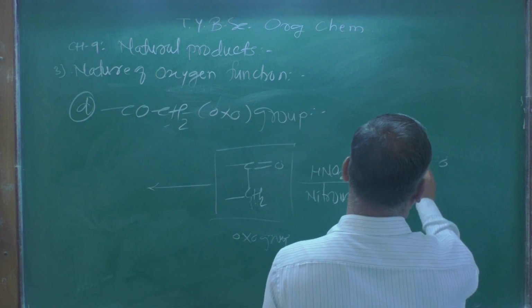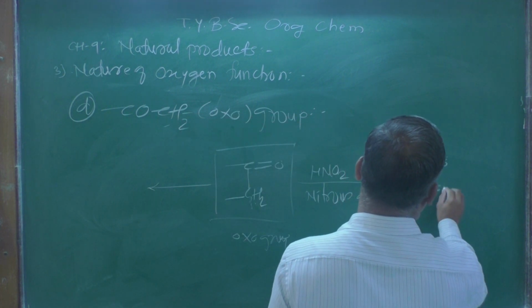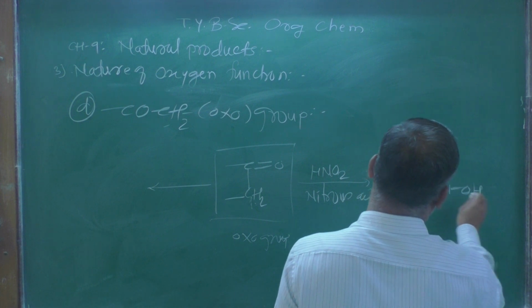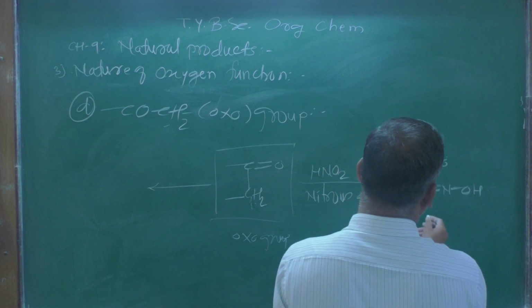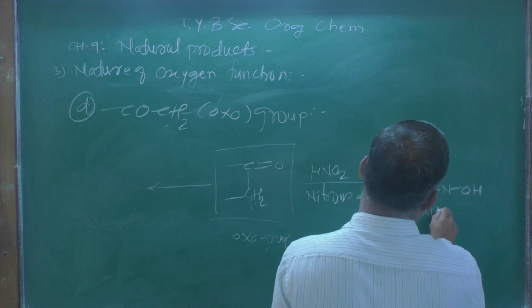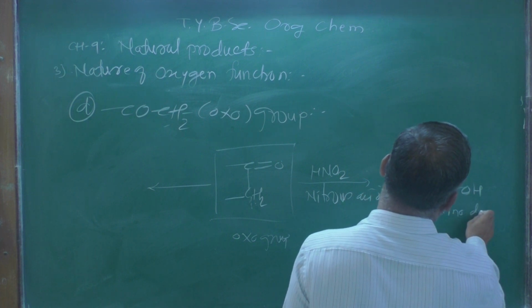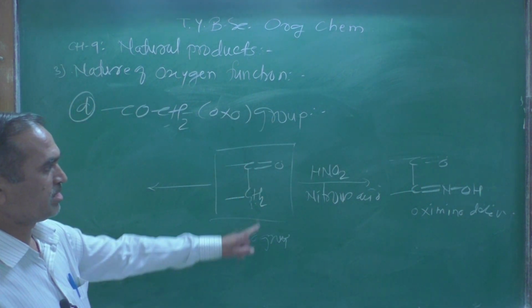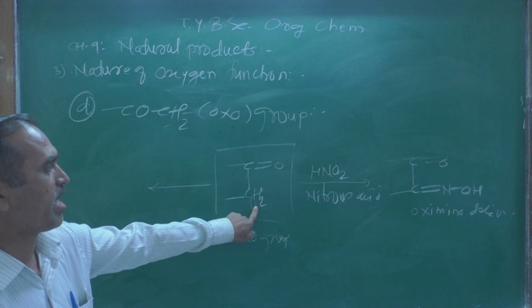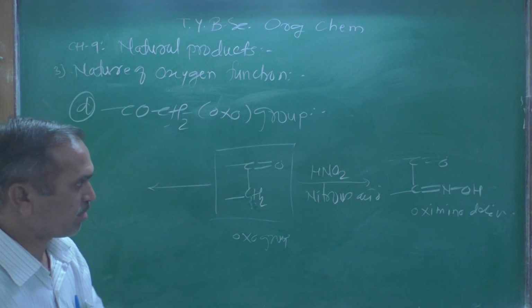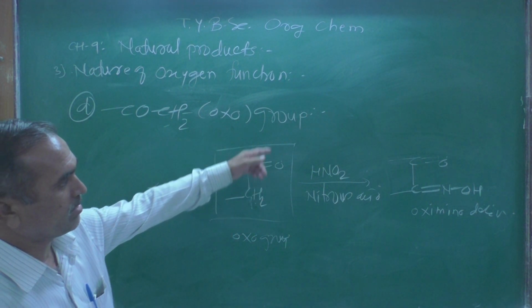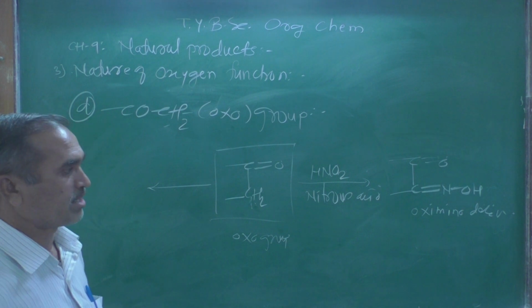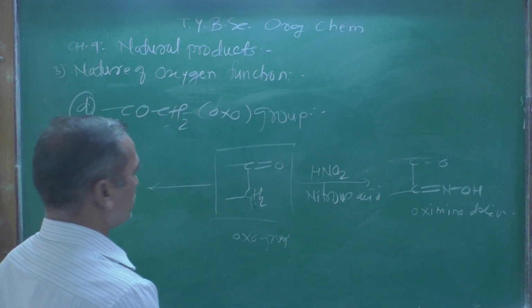C double bond O, then this double bond NOH. This is the oximino derivative, or oxime derivative, formed because this CH2 is a reactive methylene group adjacent to the carbonyl group. It reacts with the reagent nitrous acid and forms that derivative.